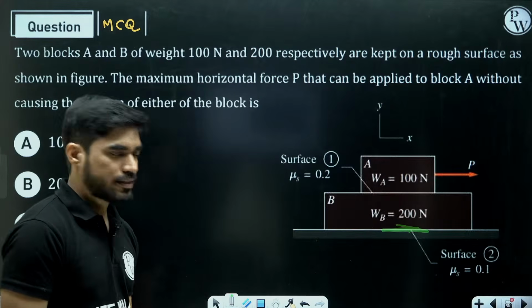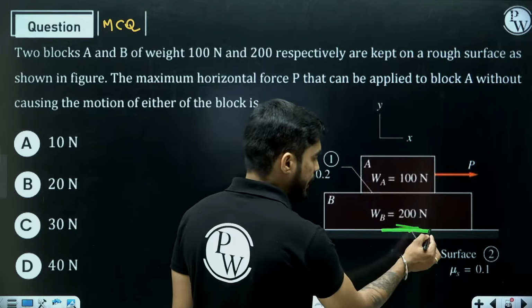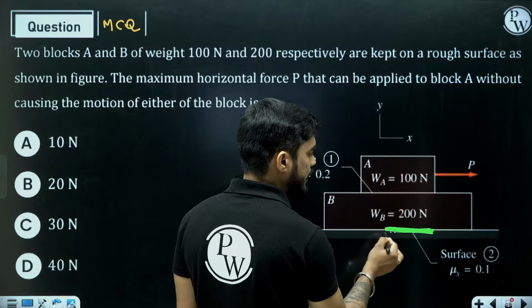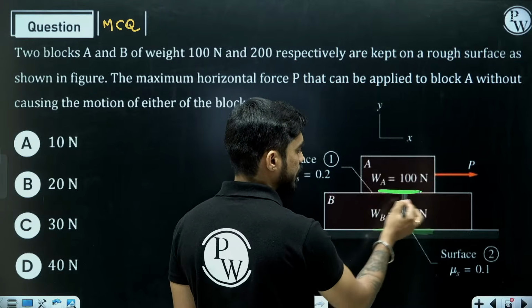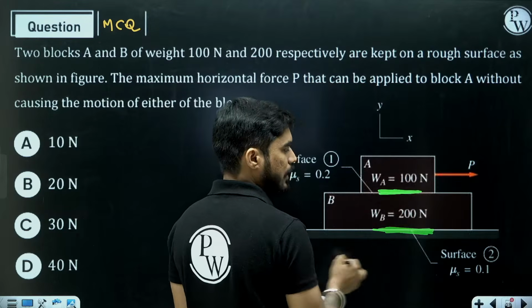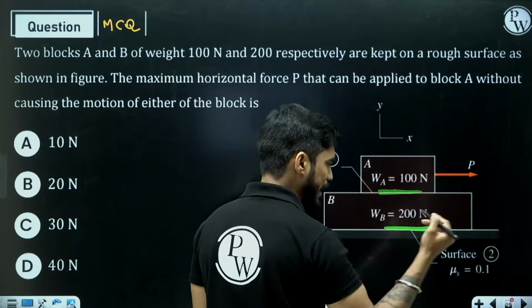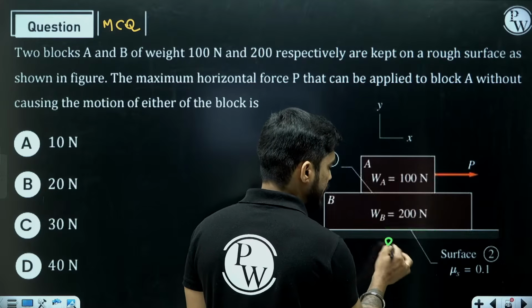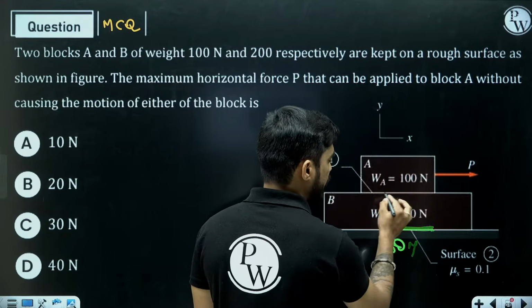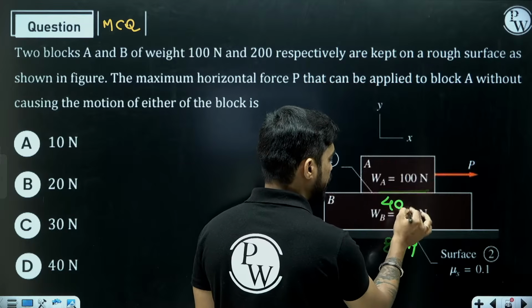Let's suppose the friction force here is greater than the friction force here. Let's suppose friction force here is, I'm just taking a random value, let's say it is 80 Newton and friction force here is, let's say, 40 Newton.